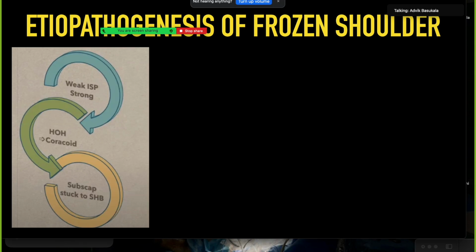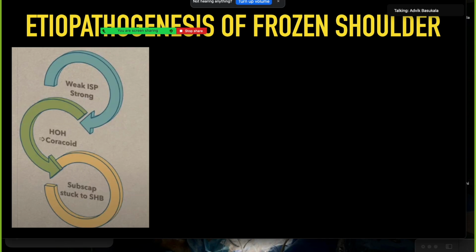Because there are 5 internal rotators: subscap, pectoralis major, lat dorsi, pec minor, and one I forgot. These are very strong muscles, and there are only 2 external rotators, infraspinatus and teres minor. So the internal rotators always have the upper hand, and they tend to get the shoulder into internal rotation. So weak infraspinatus means strong internal rotators.